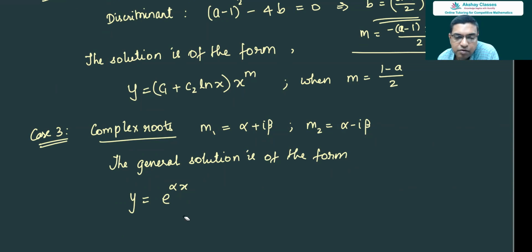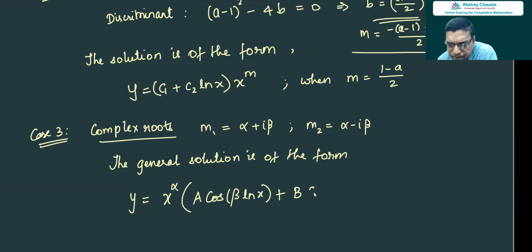Sorry, it's not e power, it is x power. We are dealing with x power m. So x power alpha into x power i beta into x power minus i beta. That's what we get. So x power alpha times a cos of beta log x plus b sine of beta log x.